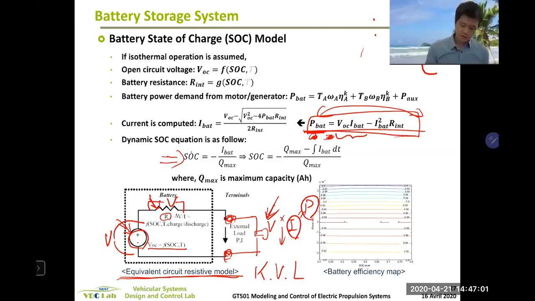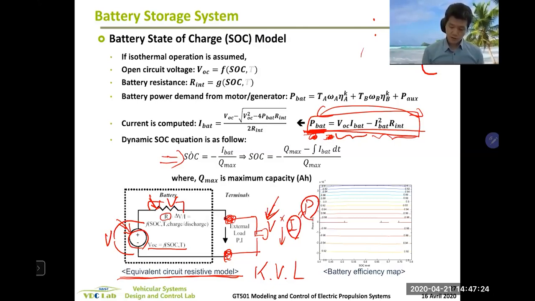And then resistance is just losses. So if you take out the resistance power, then you get the terminal power, which is battery power. This one is the resistance term.